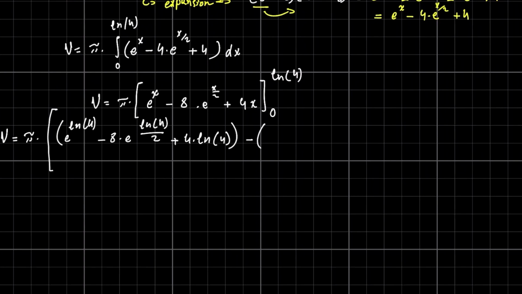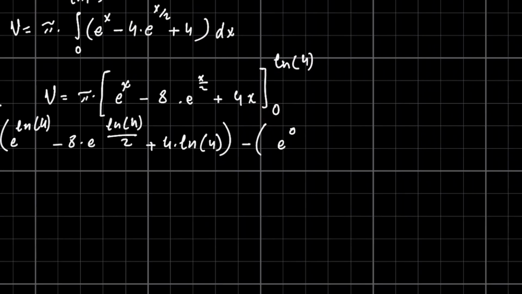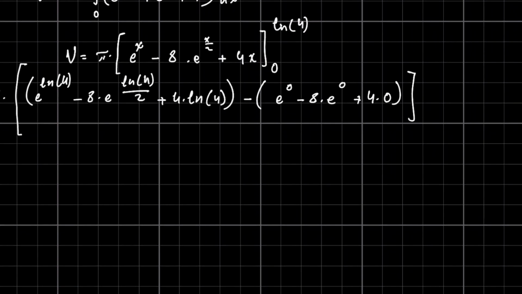That's going to be e to the power of 0. I take my second boundary, the lower boundary right here, which is 0, and I substitute it for each x in the equation. So e to the power of 0 minus 8 times e to the power of 0 over 2, which is basically just 0 as well, plus 4 times 0. And I do the subtraction between these two square parentheses.